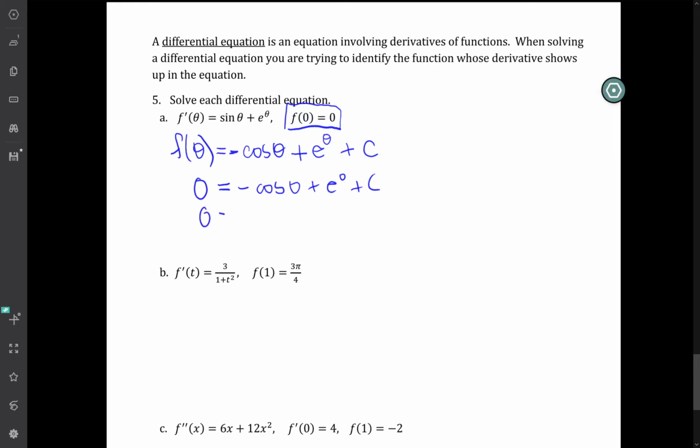Cosine of 0 is 1, and e to the 0 is also 1, so it looks like we're getting c equals 0, which means our specific solution to this, what's called an initial value problem, you don't have to remember that, but that's what we'd say when we get an initial condition, is f of theta is equal to the opposite of cosine theta plus e to the theta, and just that, plus 0.